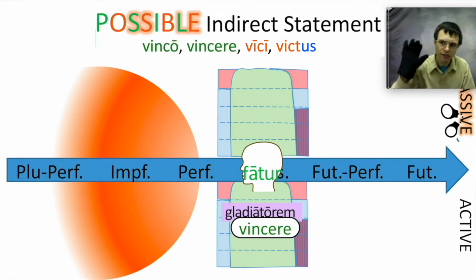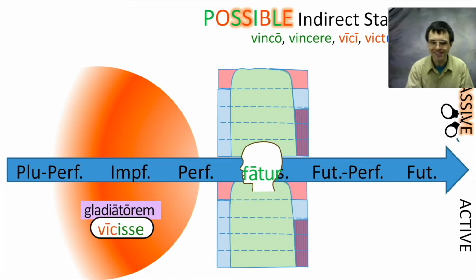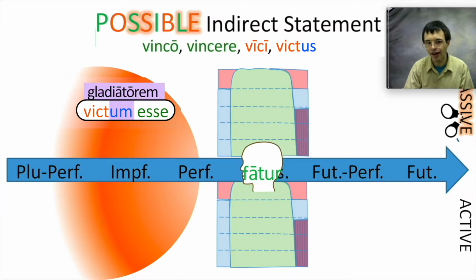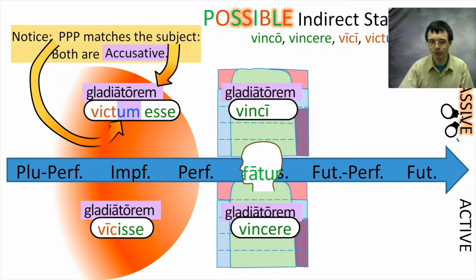So what would it be if I wanted to say Marcus confesses the gladiator to have conquered yesterday, last week? Vicisse. Or to have been conquered and died a week ago. What would that be? Victus esse. Victum esse.